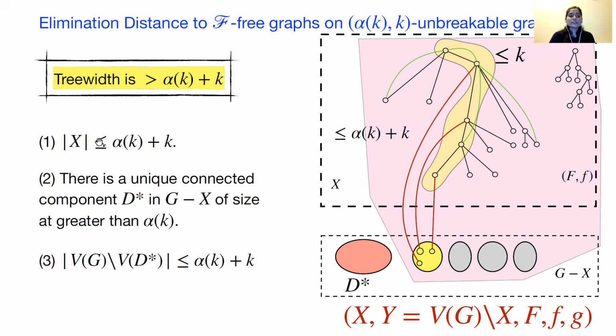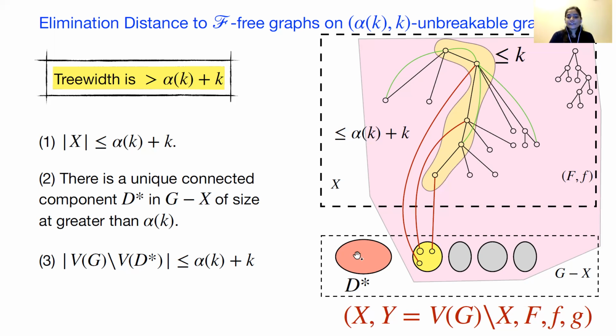Okay, so the three properties that we will be considering are that the modulator size is bounded by alpha k plus k. And if you look at the remaining graph, that is G minus the modulator, then there exists exactly one connected component which has size greater than alpha k. The rest of the connected components in G minus X have size at most alpha k.